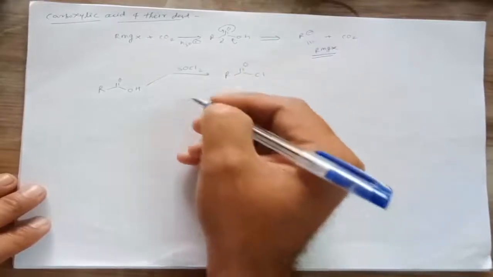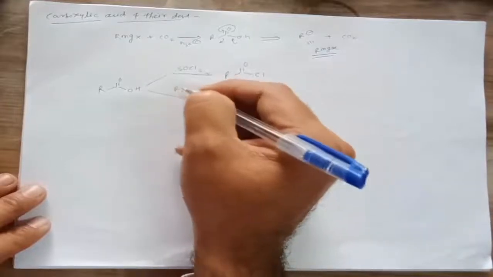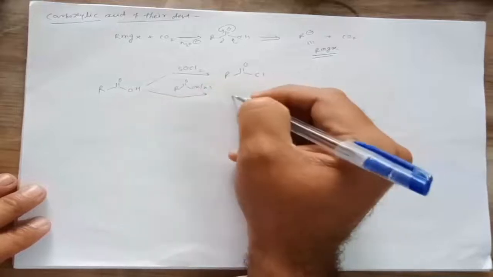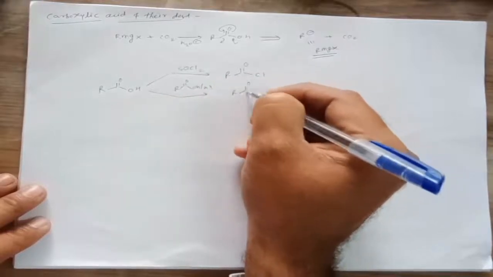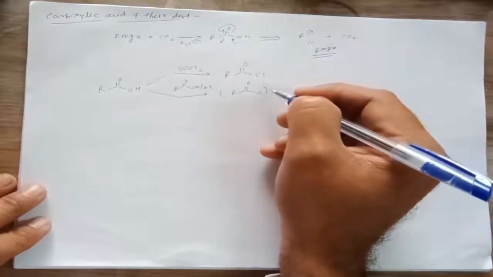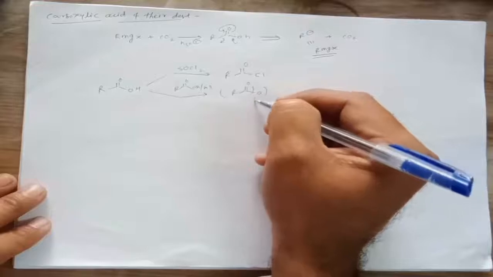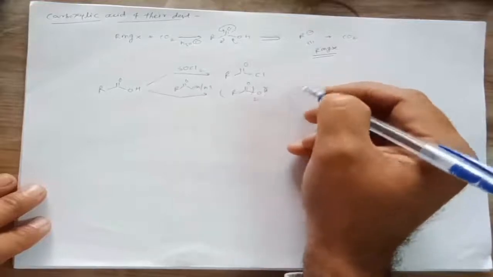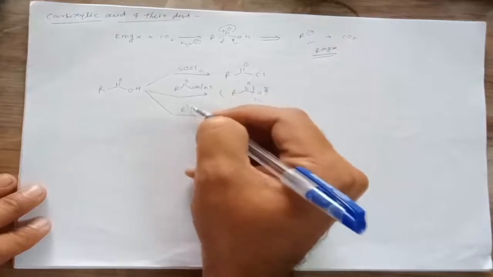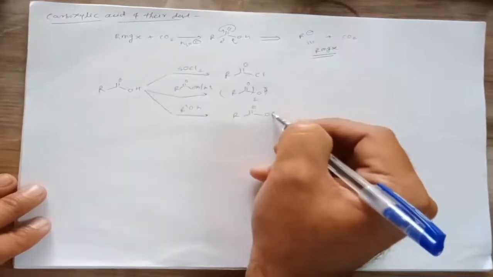If we treat with another acid group in presence of H plus, it gives an anhydride, RC double bond O, then CO2. Then if we treat this molecule with alcohols, it gives an ester.